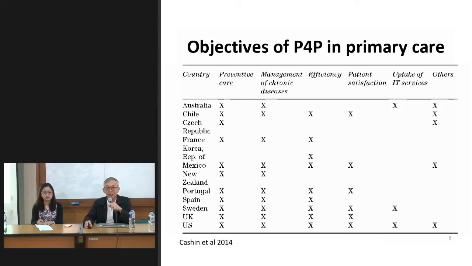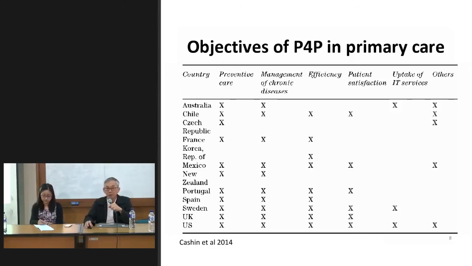Or like in the UK, if they want to stimulate a high percentage of pap smear screening, cervical cancer screening, if it reach 70%, then the GP will get a bonus for that. This is a kind of arrangement.